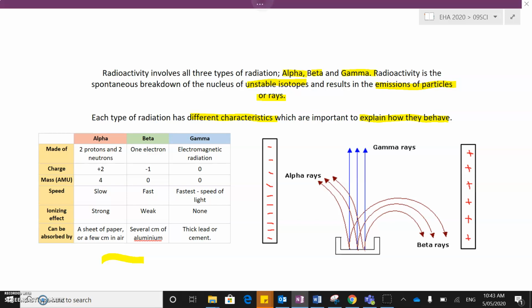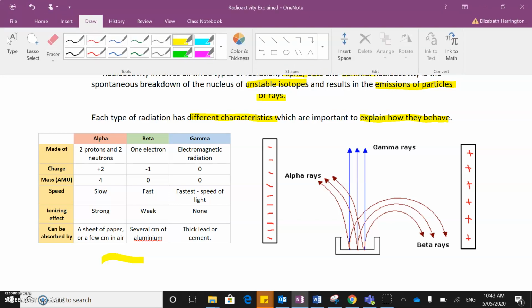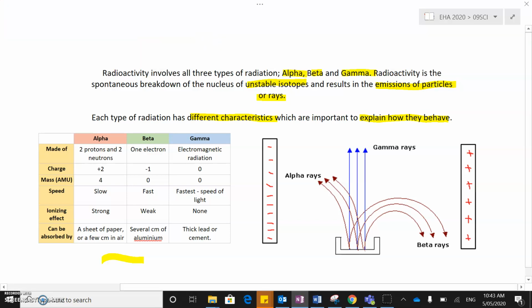So on the very left hand side, you've got the characteristics, and we're going to highlight here what the different characteristics are for each of these types of radiation. So alpha radiation is made up of 2 protons and 2 neutrons. Remember that, I'll just highlight here our atomic mass units, or the mass.